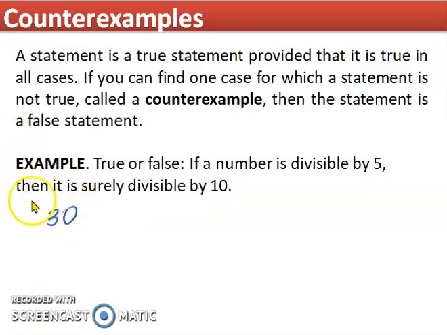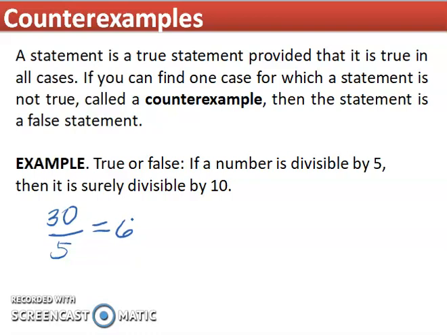Okay, so if we consider here the number 30, 30 is divisible by 5. Because if you divide 30 by 5, that will give you 6. So it's divisible by 5.